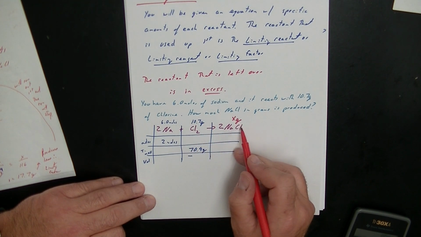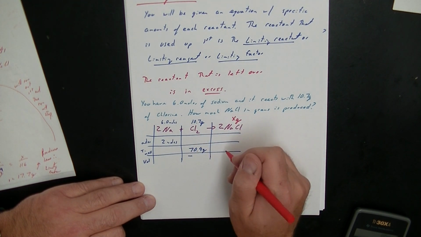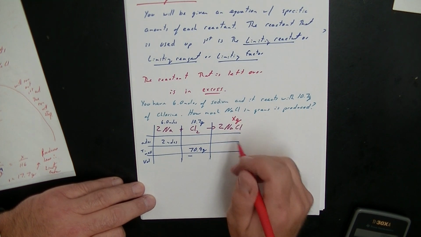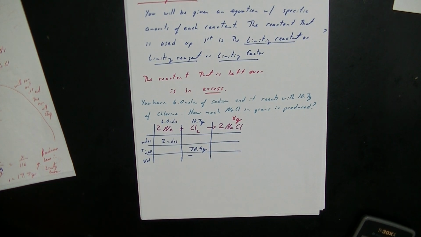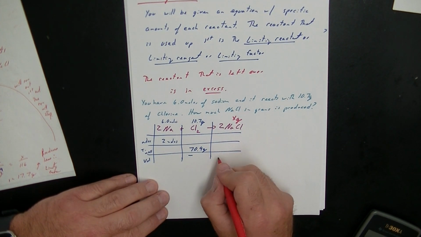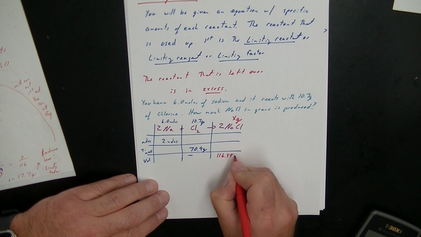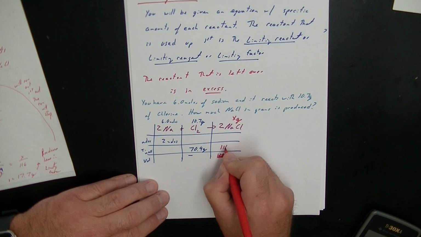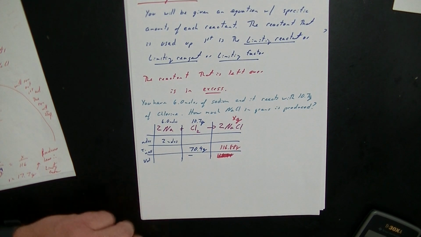I'm going to need this number right here. Na is 22.99 plus Cl, 35.45 times 2, is 116.88 grams.